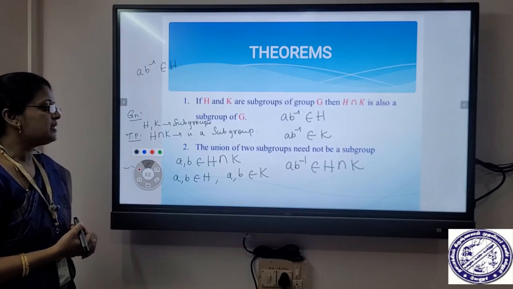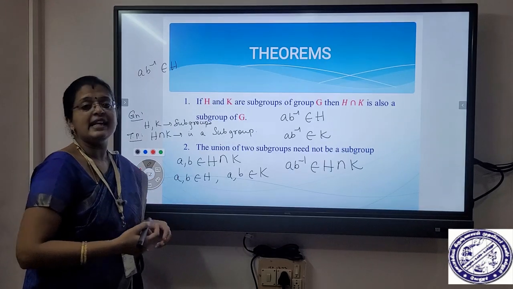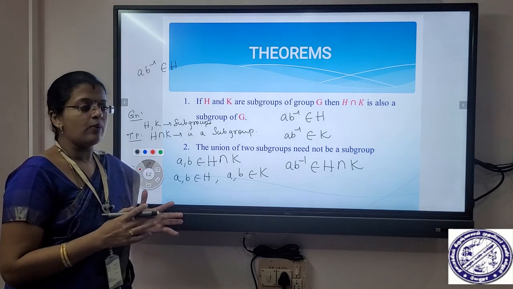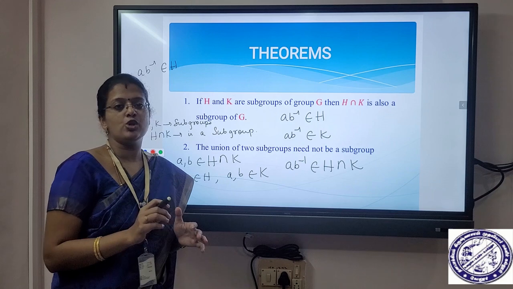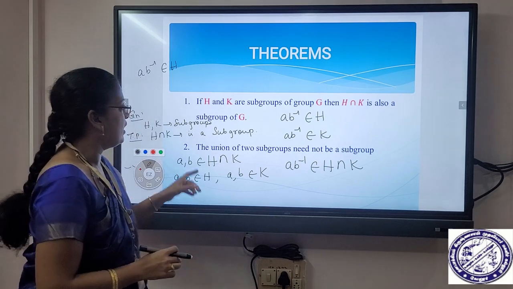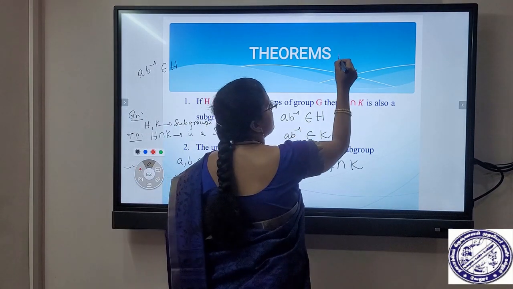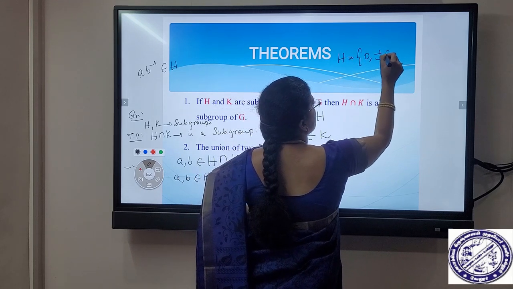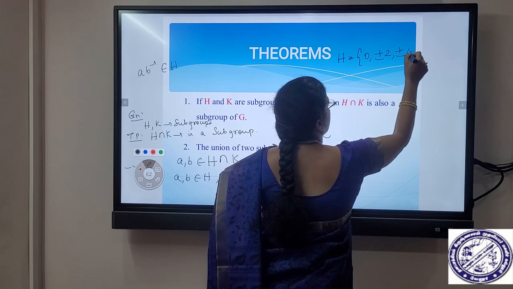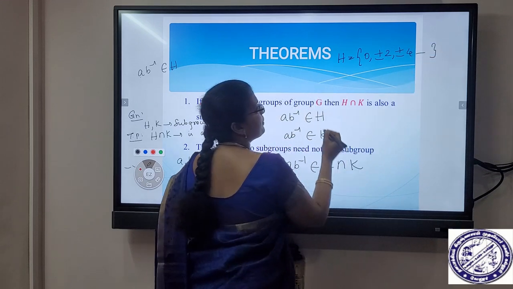The second theorem is that the union of two subgroups need not be a subgroup. Whenever we need to prove a theorem is not true, it's enough if you give an example and show that the condition is not satisfied. So let me take a subgroup H: 0, plus or minus 2, plus or minus 4, etc. This is a subgroup.